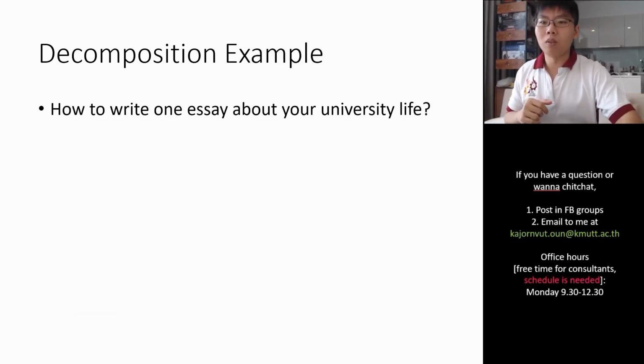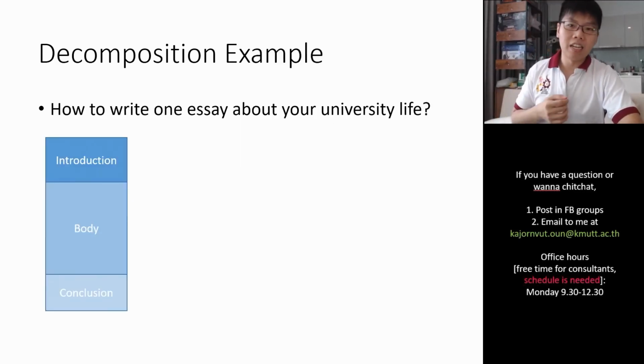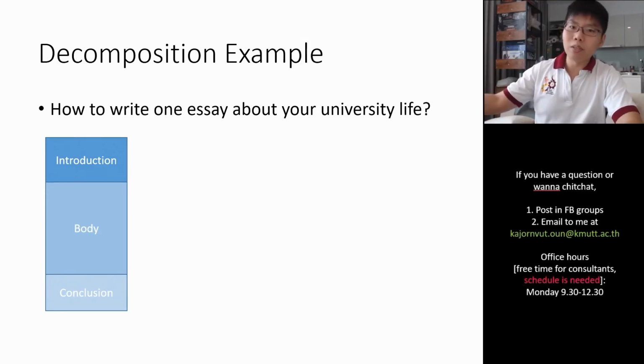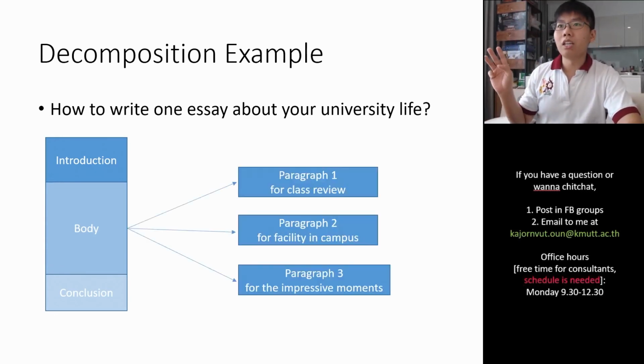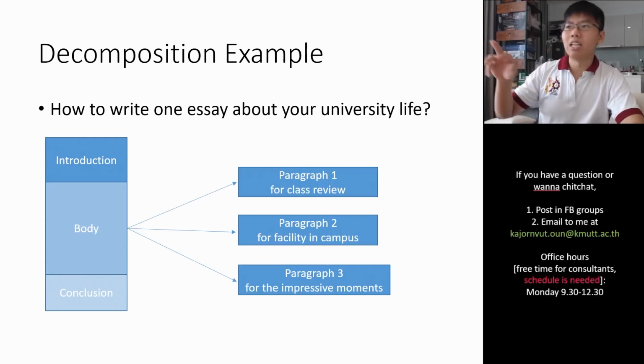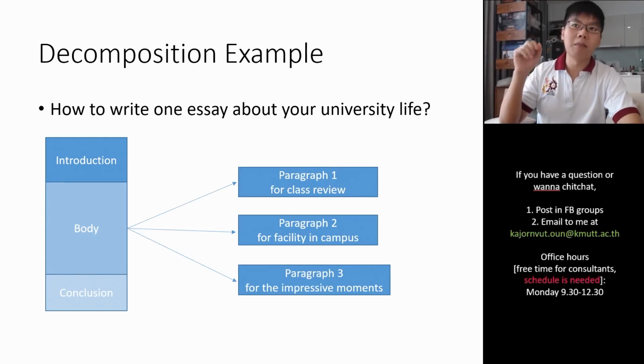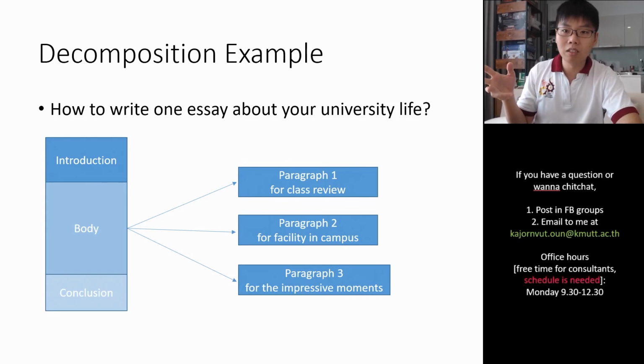For example, how to write an essay. It's going to be extremely difficult to randomly write it down. But if you think about it as having 3 parts, introduction, body, and conclusion, then you can break it down even more: for each body paragraph, how am I going to write it? It can be a class review, facilities on campus, or an impressive moment on campus.